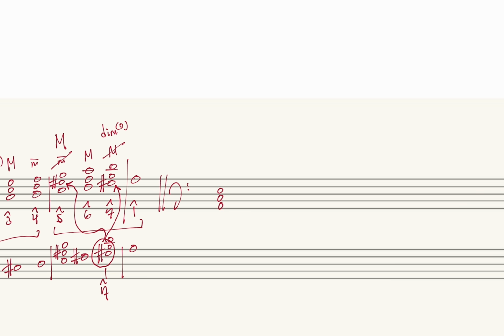And the way I'm going to indicate this using Roman numeral analysis is I'm going to take the root of the chord, which remember is scale degree 1, and the quality of the chord, which here is minor, and I'm going to synthesize these two pieces of information into a lowercase Roman numeral representing number 1, which is the letter i. So this letter i means the root of the chord is scale degree 1, and because it's lowercase, it's minor. If it were uppercase, it would be major.